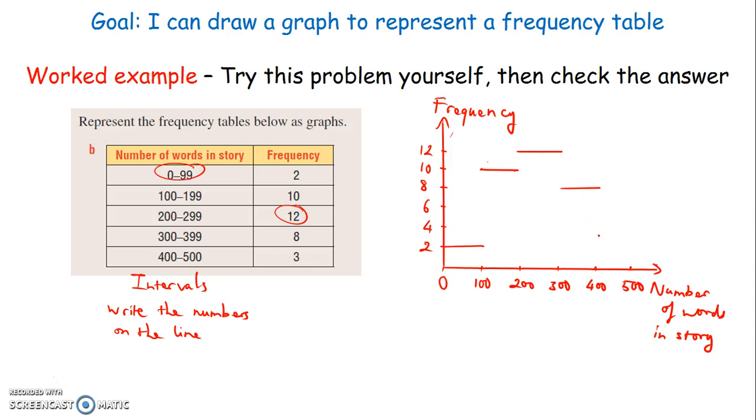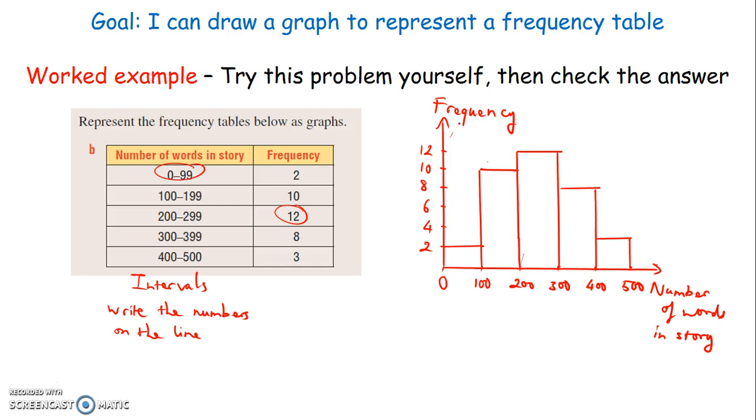And then 3, so 3 is going to be between 2 and 4. Okay, and here's our graph.